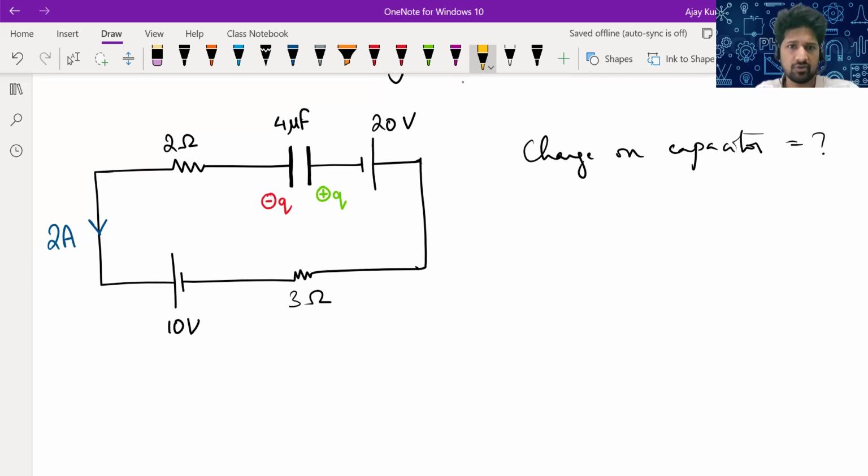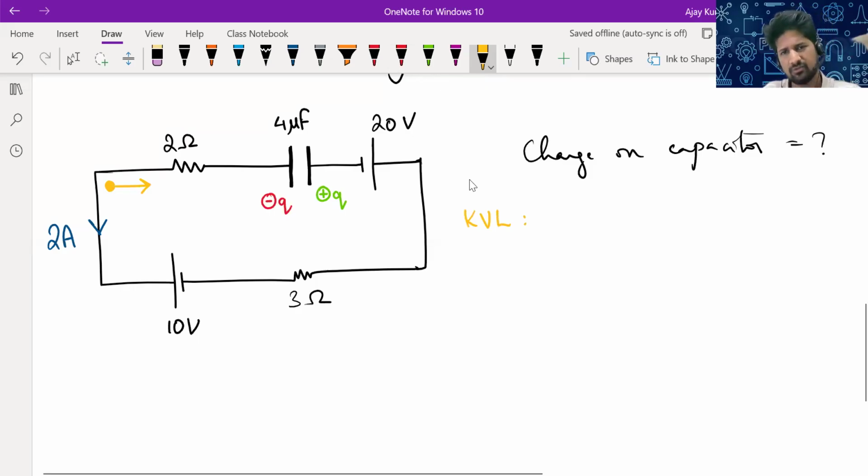You can't use Q equals CV because we don't know the potential difference across the capacitor. There's a way of telling that also. Anyway, let's apply KVL first. So I want you all to start from this point and move this way, clockwise, so that we all write the same equation and check whether we have made any mistakes. So write the KVL equation, all of you. I'll give you a minute.